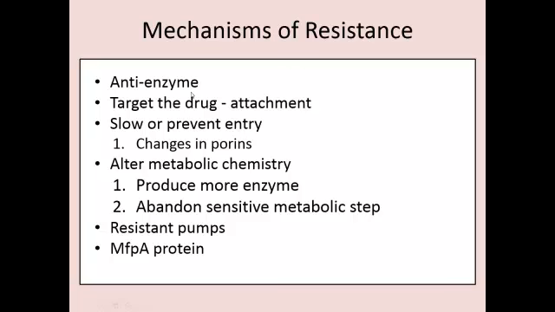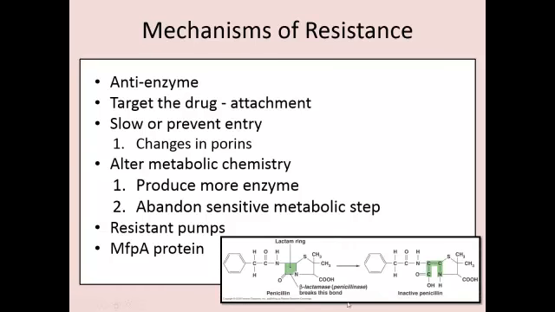Well, first let's talk about enzymes that are produced by the microbe. Some organisms produce a beta-lactamase that goes in and clips the lactam ring of penicillin, and this inactivates the penicillin so that it can't inhibit the cross-linking of peptidoglycan. So any organism that produces a beta-lactamase is going to be resistant to the beta-lactam class of antimicrobials, and you have to go with something else.